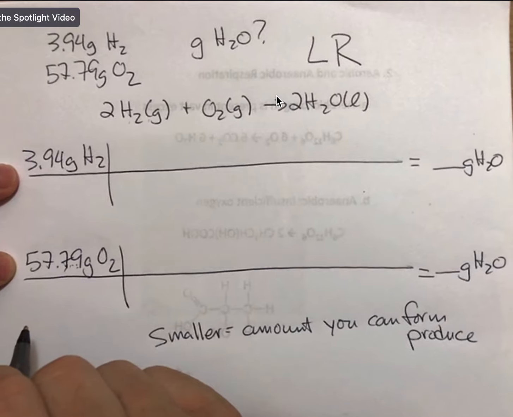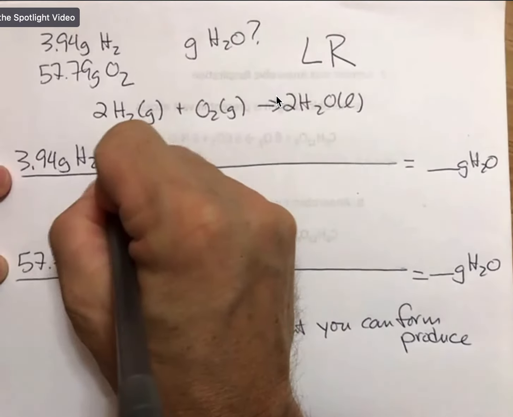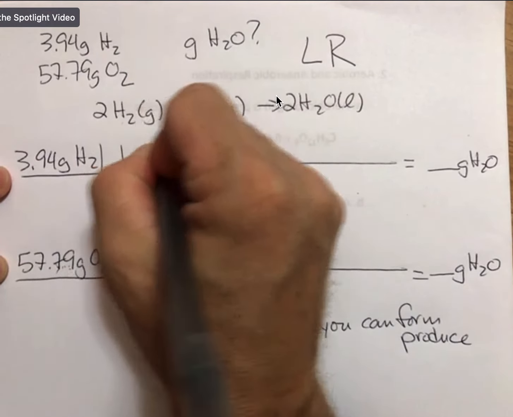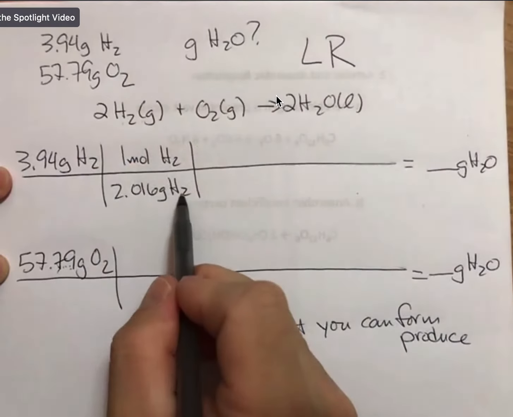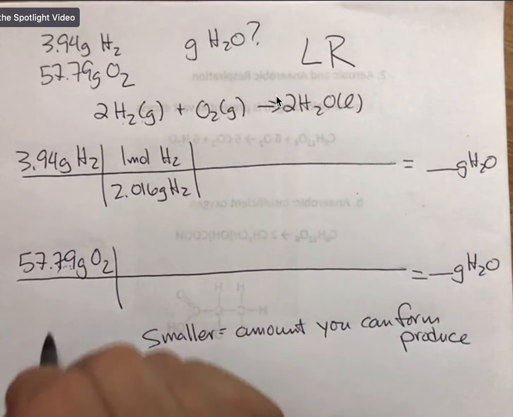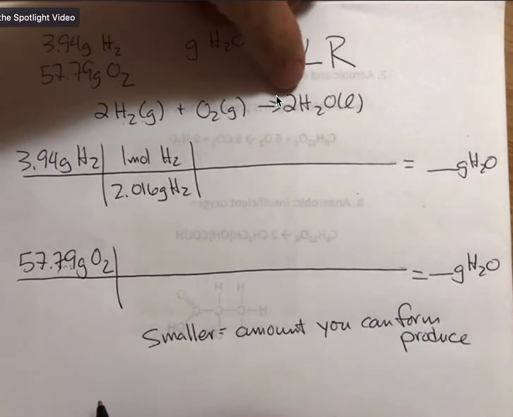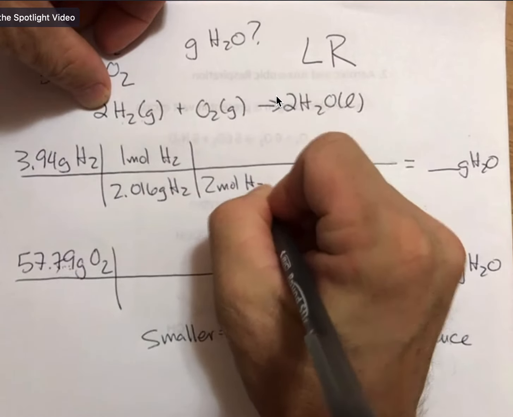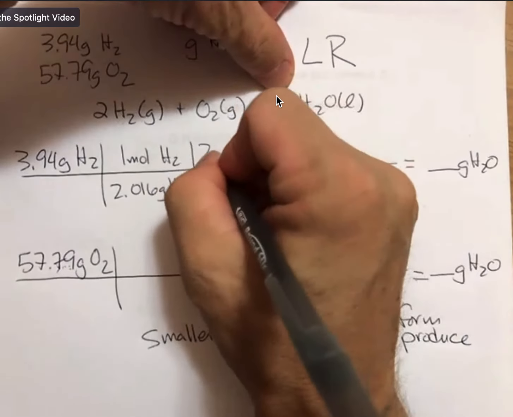So take your grams of hydrogen, do the molar mass, where 2 hydrogens are 2.016 grams. And then in this reaction, the mole to mole ratio requires that there be 2 moles of hydrogen for every 2 moles of H2O.